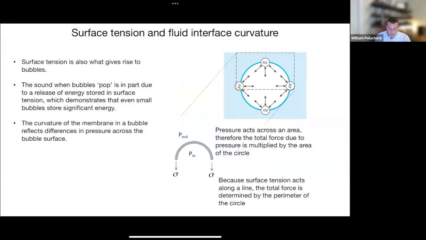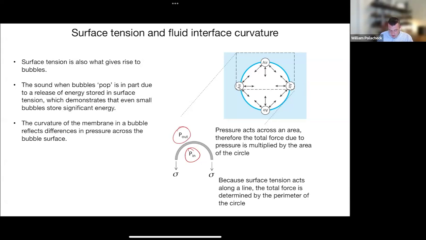So I'm not going to go into the details of surface tension for the time being. Hopefully, most of you are generally familiar with the concept, but basically, surface tension is also what gives rise to air bubbles in your beer or carbonated drink. And you can figure out the magnitude of surface tension by doing a simple force balance, by calculating the pressure inside of a bubble, for example, as compared to outside.